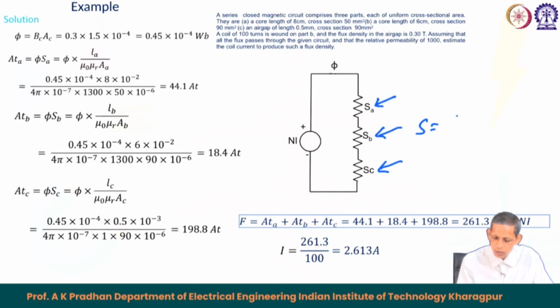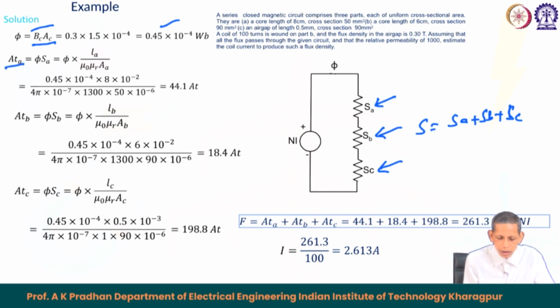So, this becomes S equals S A plus S B plus S C, and we know the corresponding flux phi equals, as per the data given, B C into A C. So, the total flux equals 0.45 10 to the minus 4 Weber as per the data available.